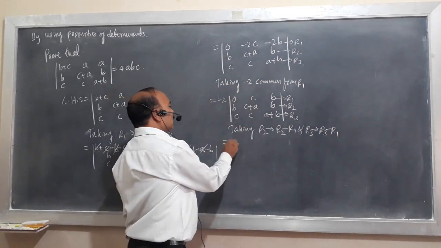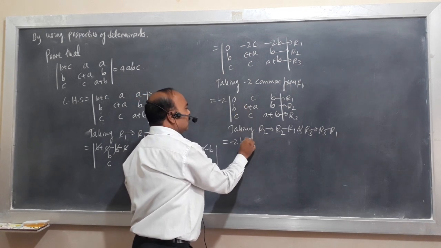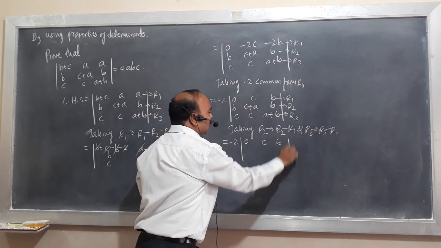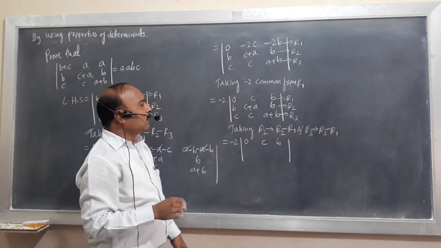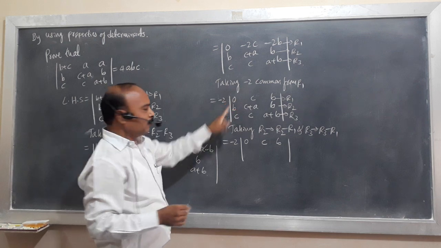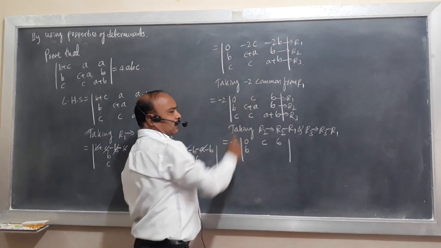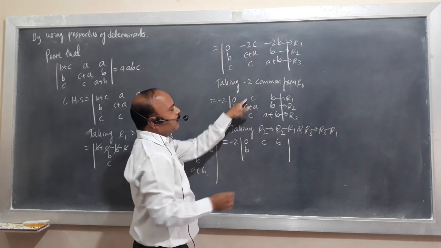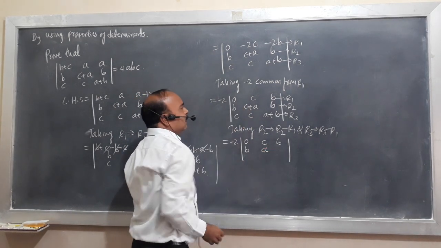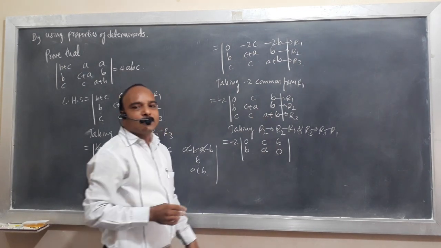Now we get minus 2 as it is, 0, C, B as it is. We are changing only R2 and R3. It is B minus 0, B minus 0 is B. C plus A minus C is A. And B minus B is 0.